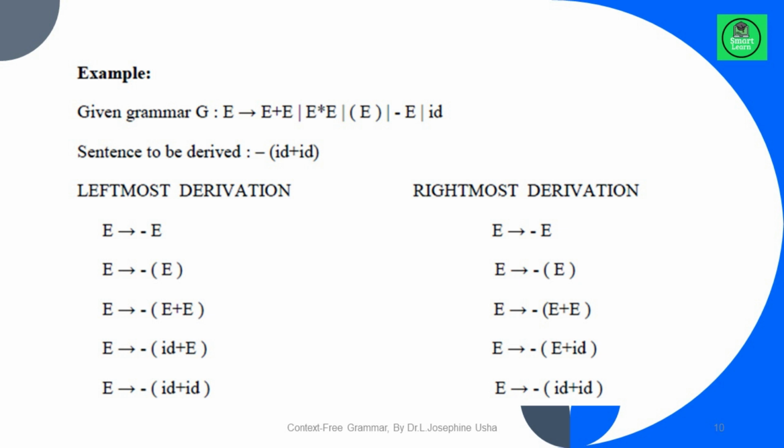The leftmost non-terminal can be replaced by id. In the next step the next leftmost variable can be replaced by id. So this is the leftmost derivation.